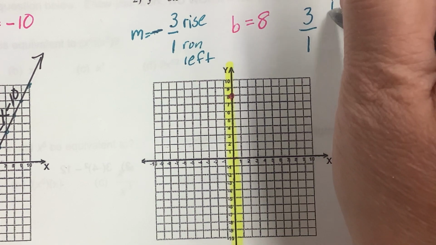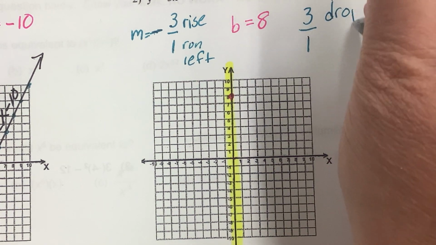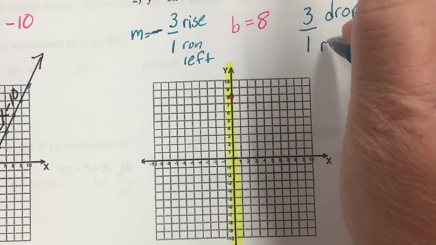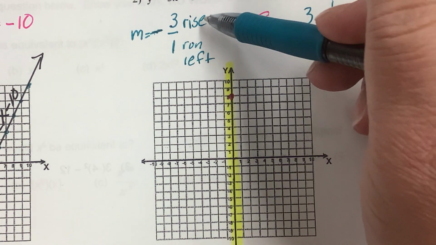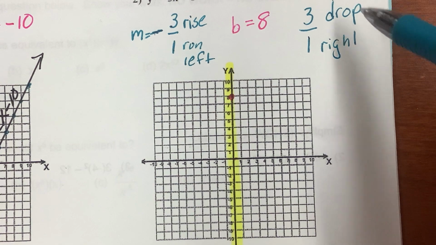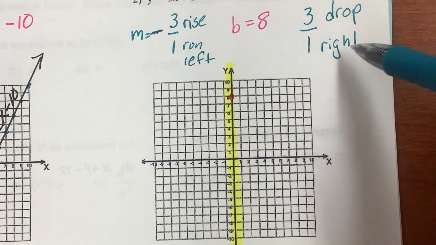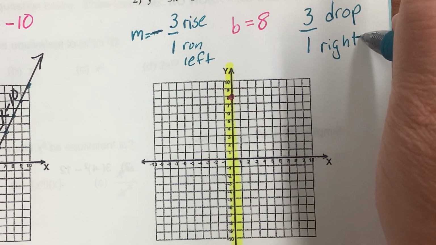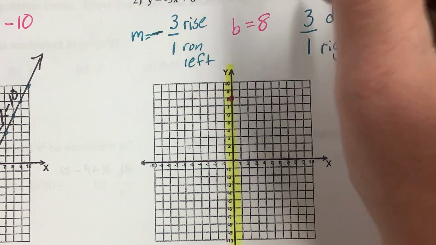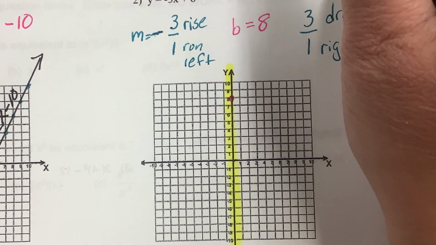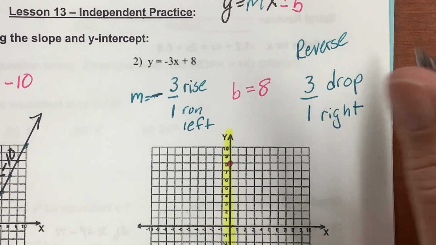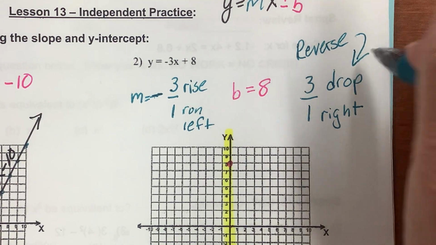I can drop 3 instead of rise 3, and then I can go right 1. So the opposite of rise is drop, and the opposite of run left is run right. So I'm going to use the reverse to get my points.